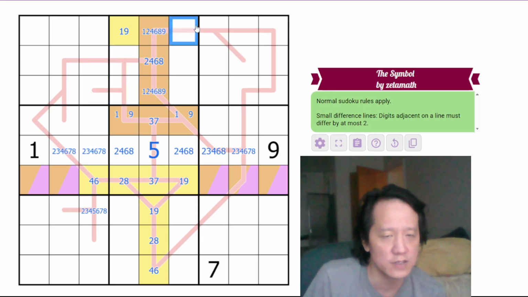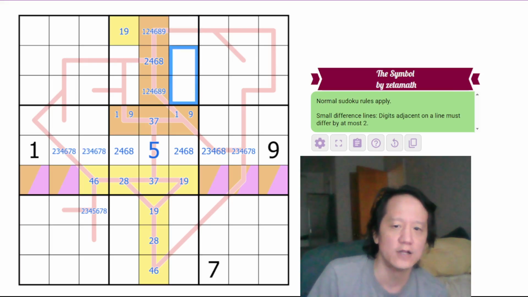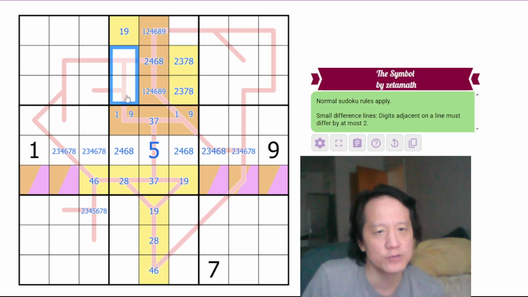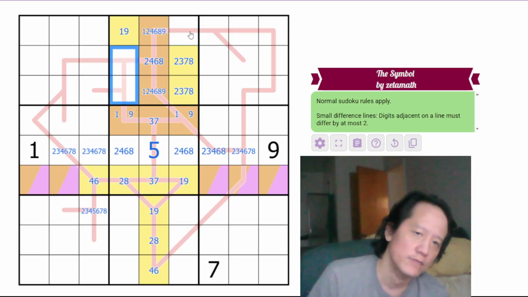Same with this cell here. So this has to be the yellow 2, 8, 3, 7 pair. This could be yellow 4, 6, or this could be yellow 4, 6. One of them's 5.